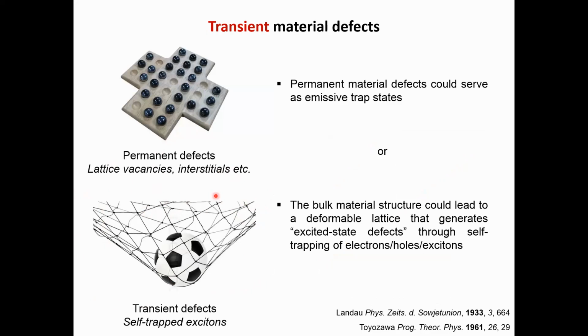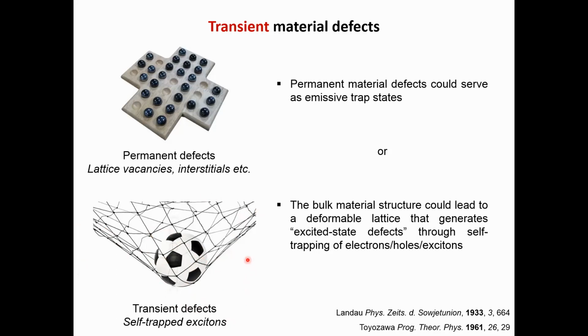But every time I shine light on it, I generate electrons and holes like any semiconductor. And those electrons or holes interact so strongly with the lattice that it distorts the lattice, the same way that a soccer ball distorts a net. So this deformation in the net is present only when the soccer ball is present.